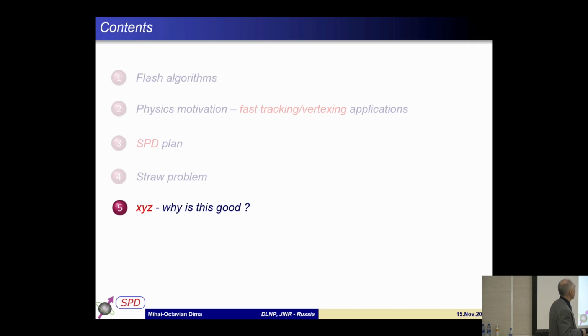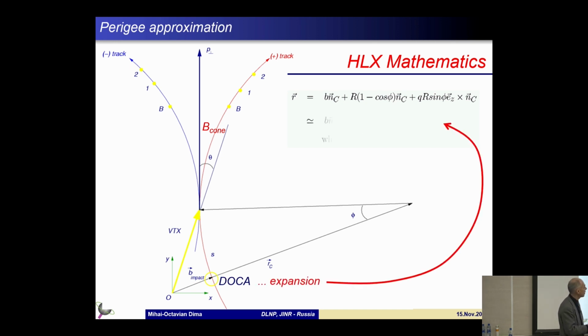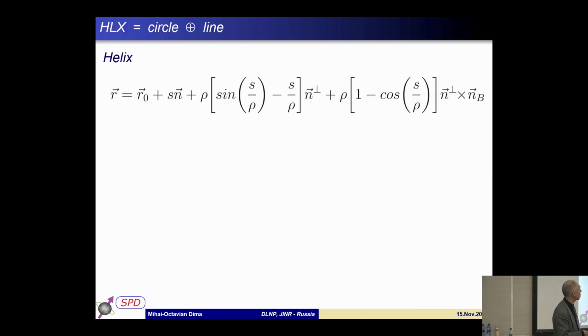Okay. Now, with XYZ, we're back in business, because now we can actually do things the way we knew to do from pixel detectors. So we take a helix and we expand it around the point of closest approach to the beamline, and then we have that type of expansion that we can work with.